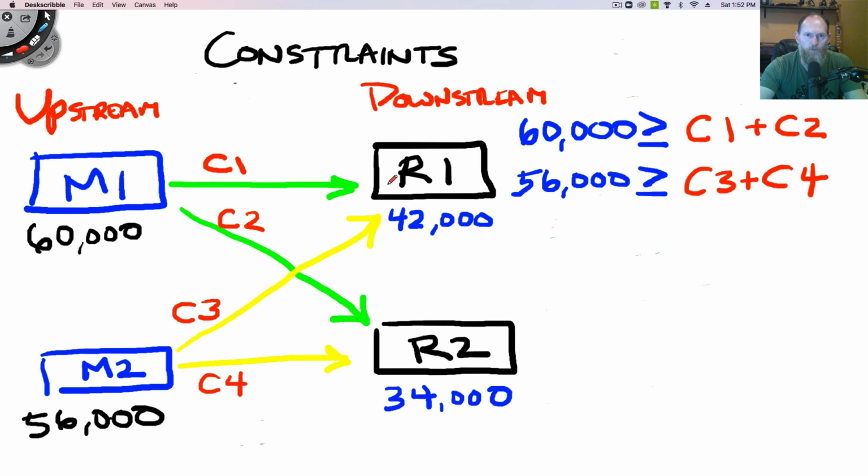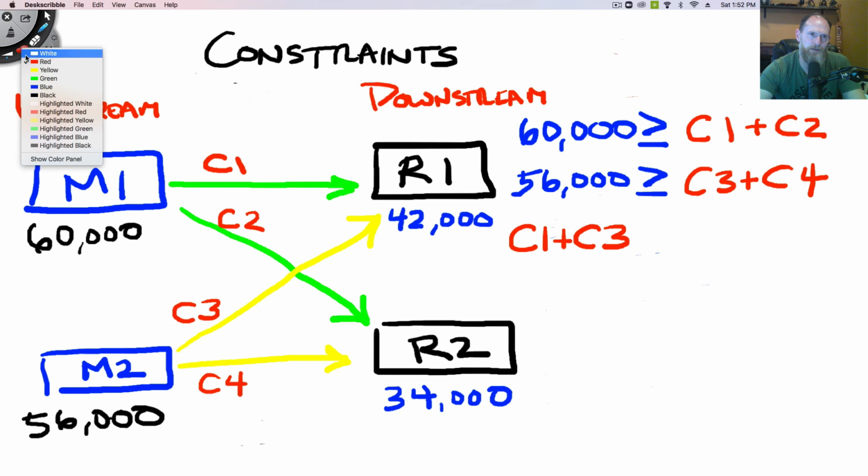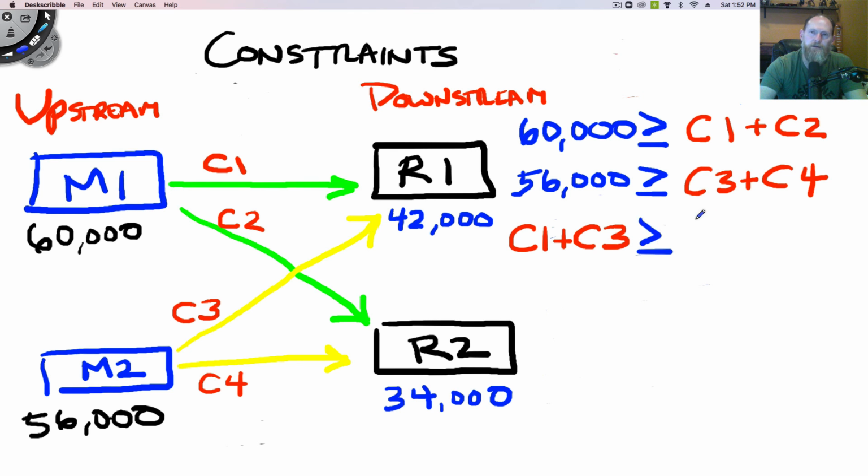So let's start with retailer 1. What's coming into retailer 1? Retailer 1 receives from channel 1 and channel 3. So if we say C1 plus C3, well, that has to be at least equal to, if not greater than, what our demand is.